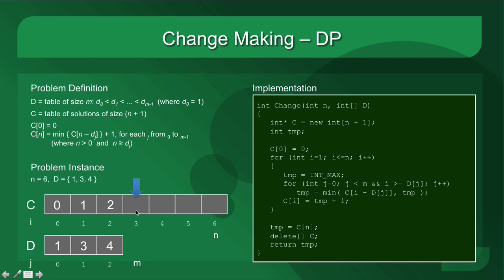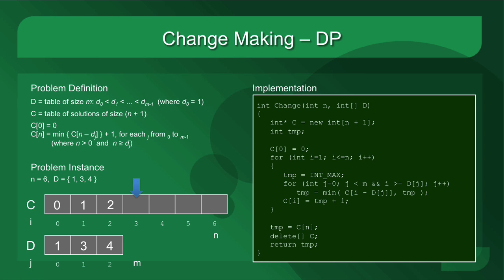But is that the best we could do? What about if we chose a 3-cent coin? So if we chose a 3-cent coin to make change for 3, well, let's jump all the way back. What is the best that we did, minus that 3-cent coin? What's the best we could have done before that? Well, we had nothing before that. So we could take 0 coins plus 1. One 3-cent coin could give us an answer of 1, right?